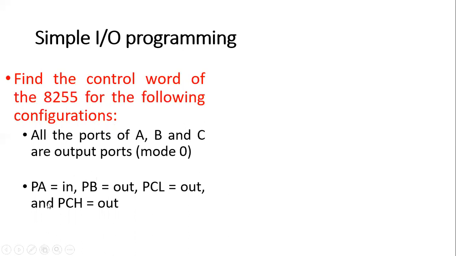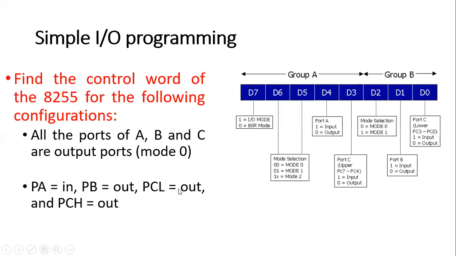The next configuration is PA equal to input port, PB equal to output port. Port A is going to be an input port, port B is an output port, port C lower is an output port, and also port C higher is an output port.